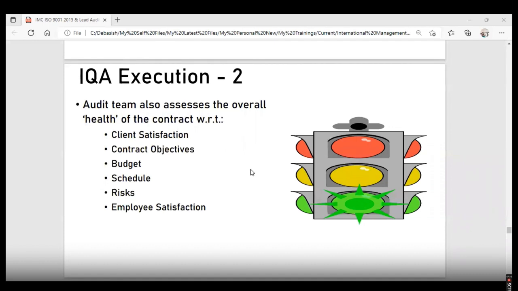The budgets: whether those are under control. The schedule: if there is any schedule variance or everything is done within the proper schedule. The risks: if there are any risks, how they are getting managed and closed before an action is taken. And what about the employee satisfaction?